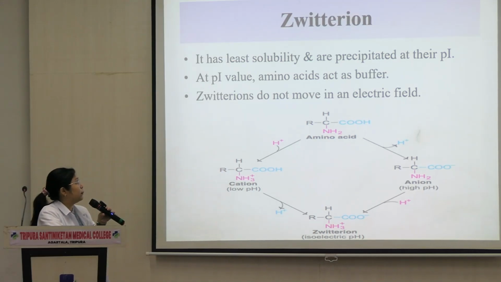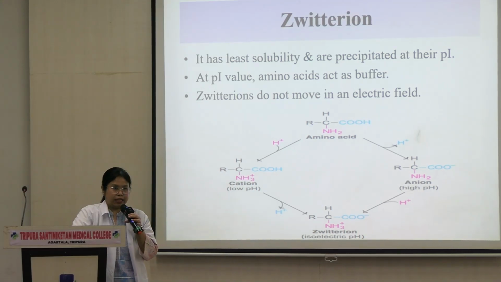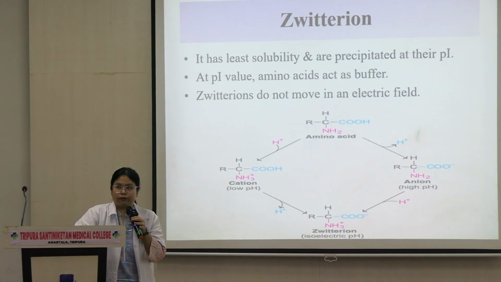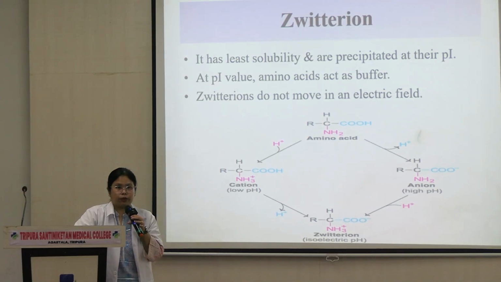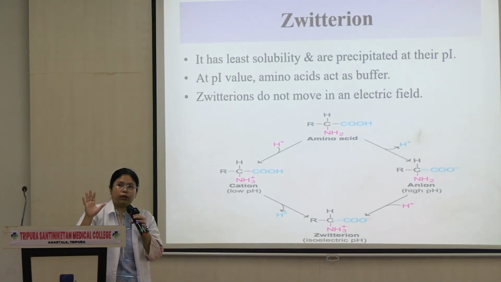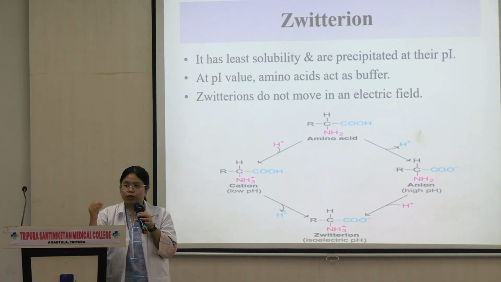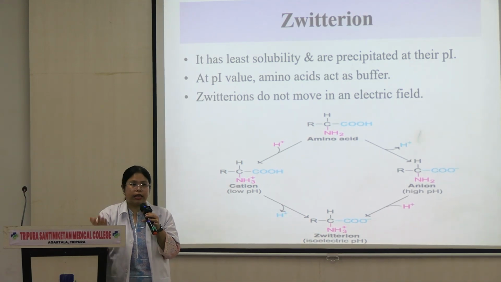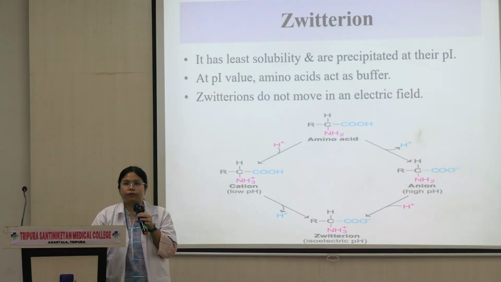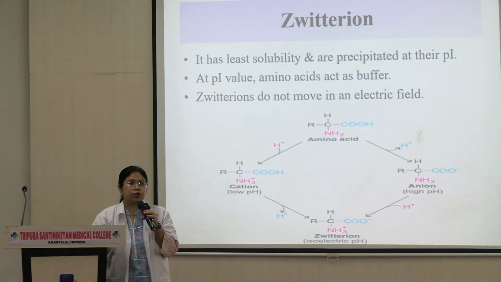Then we have the point that Zwitterions do not move in any electric field. I don't know in school if you have done electrophoresis. I don't think so. Okay, so electrophoresis is a method in which we separate certain molecules in the solution, say DNA or any positive or negatively charged molecules.